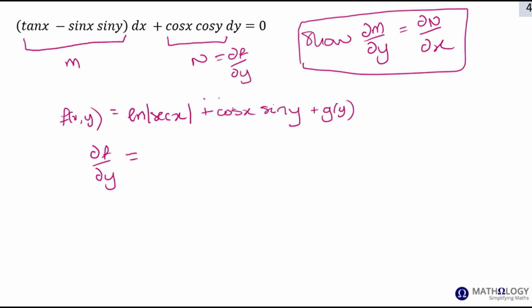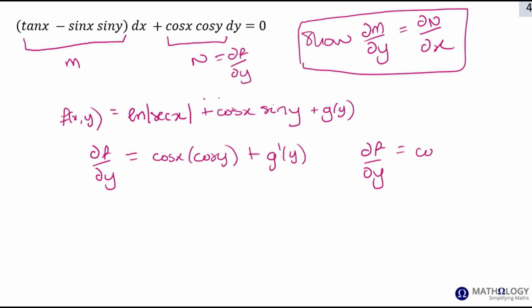So with respect to y, ln sec x is a constant, so the derivative of that will be 0. With respect to y, cos x is a constant, so we'll just put that out in front. The derivative of sin y is cos y, and then g of y being a function of y, the derivative of that will be just g prime y.